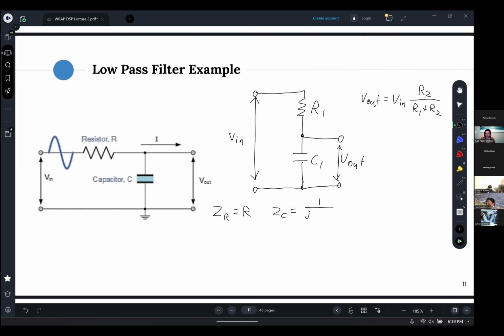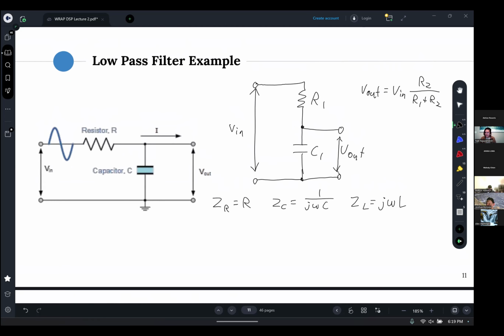Resistance in the frequency domain is the simplest way that I can put it. So I am putting the impedances for the three basic circuit components. So now I can treat this voltage divider in the same way, but instead of R2, I'm going to replace it with the impedance of this capacitor.